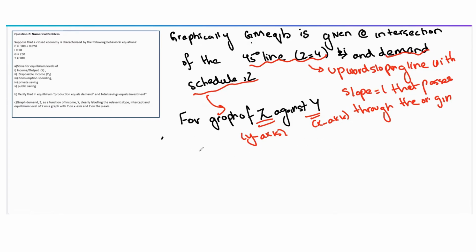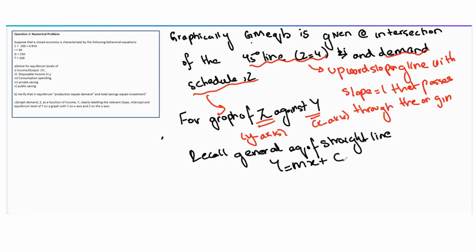So for this, recall the general equation of a straight line. It's y is equal to mx plus c. Now this y corresponds to z, because that's the variable we plot on our vertical axis, and this is something we found in part A. So this is like the demand function that we found in part A. So let's now compare these.